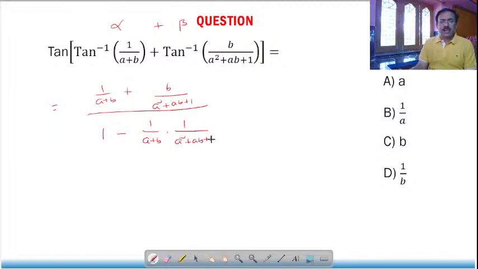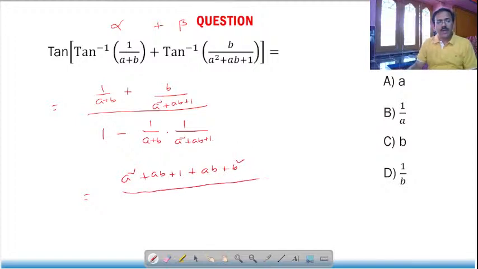This is what he is expecting from you. Why can't you just simplify this, friends? It is going to be a square plus ab plus 1 plus ab plus b square, by, you just multiply this, (a plus b) into (a square plus ab plus 1) minus b.